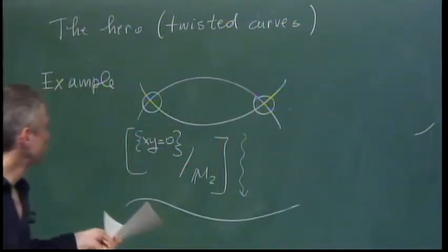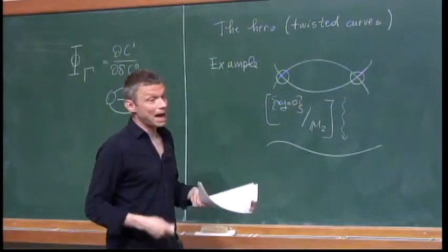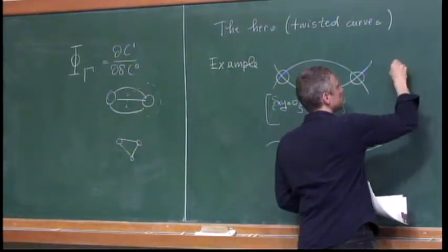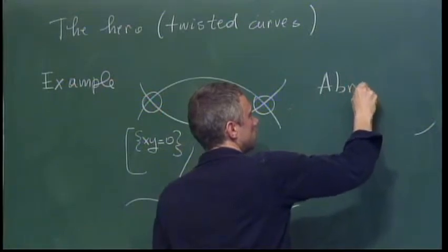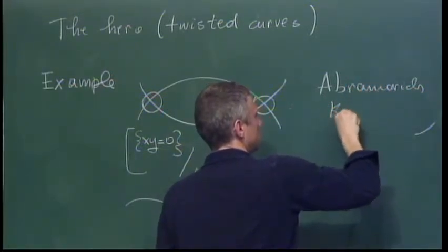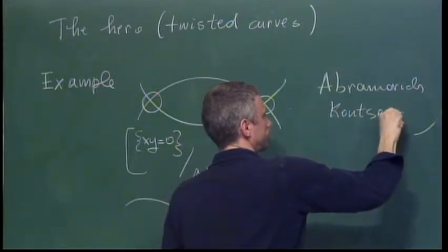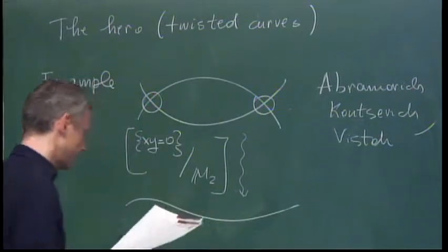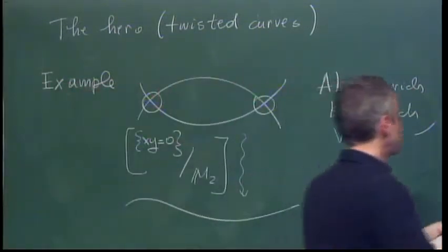Okay? So this is called the balanced twisted curves technically. It was invented by Kontsevich, Abramovich, and Vistoli. And okay, so, well, many things are again the same.